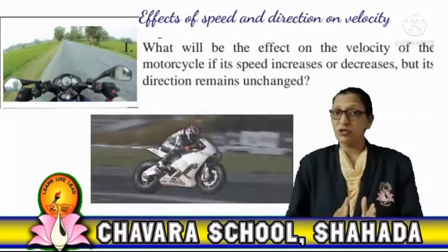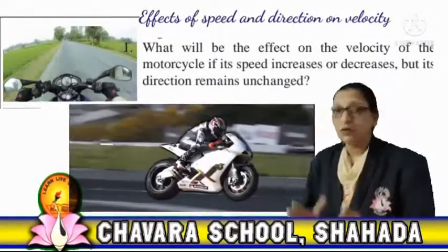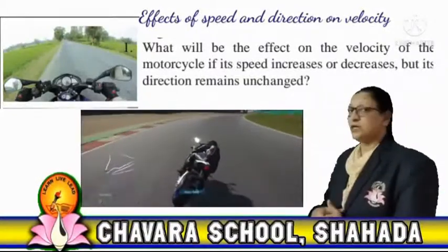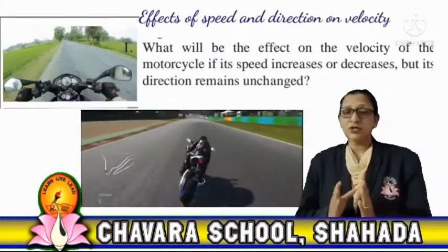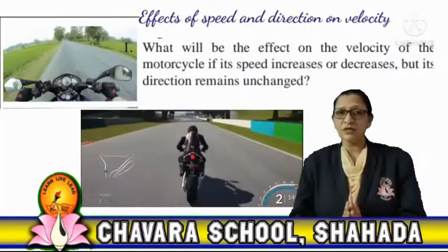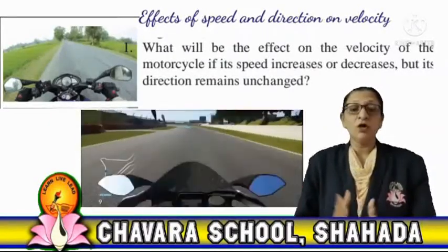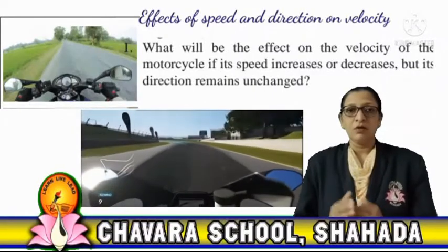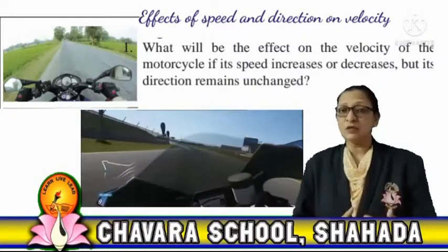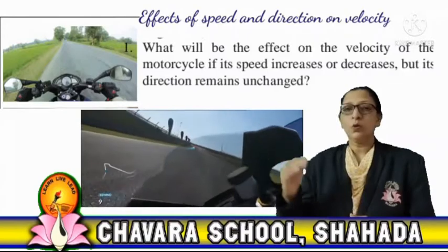That is, direction remains unchanged. So here we can observe if the direction remains unchanged and the object is moving with increasing speed, then velocity will also increase. While on decreasing speed, velocity also will decrease.